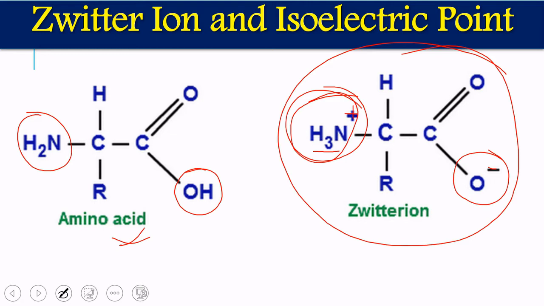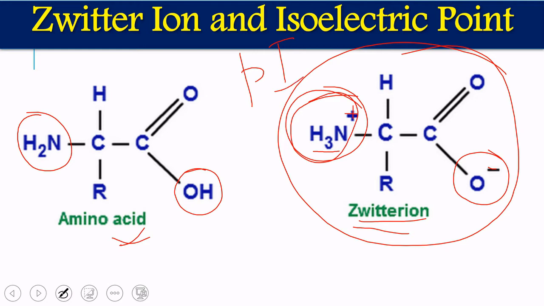And this type of ion is called a zwitterion. A molecule or chemical entity which has an equal number of positive charges and negative charges at the same moment is electrically neutral, and that is called a zwitterion. And the pH at which this zwitterion exists is called the isoelectric pH or isoelectric point. Normally we denote the isoelectric pH or point as pI.